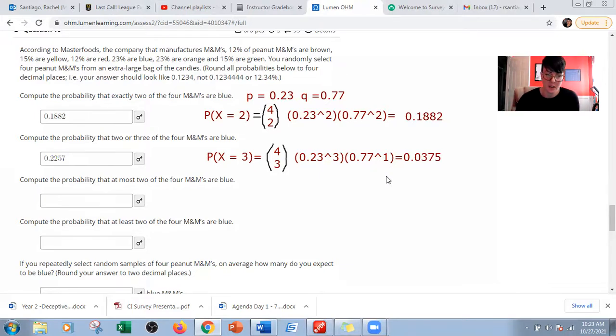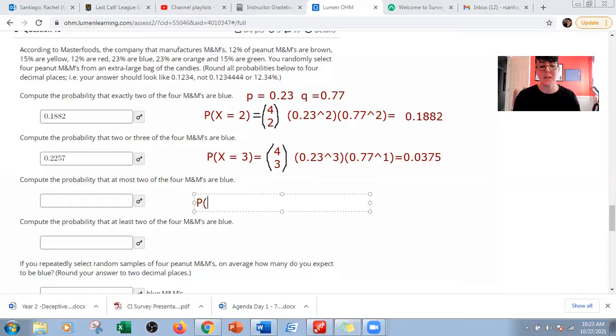Okay. Good. So this idea does not change even when we look at the next questions. Compute the probability that at most 2 of the 4 M&Ms are blue. What does at most 2 mean? It means 2 and everything below. Yes. So I'm going to find a probability of 1 and then the probability of 2 and add those together. You're so close. There's one more you missed. 0. Oh, yes.